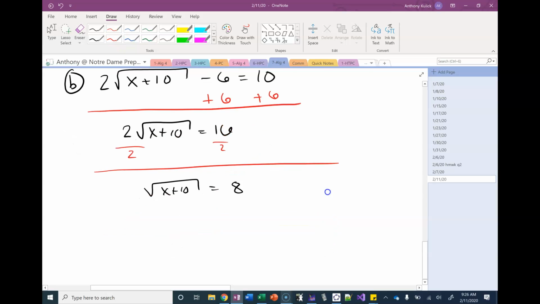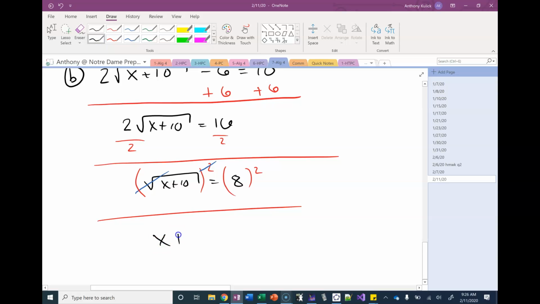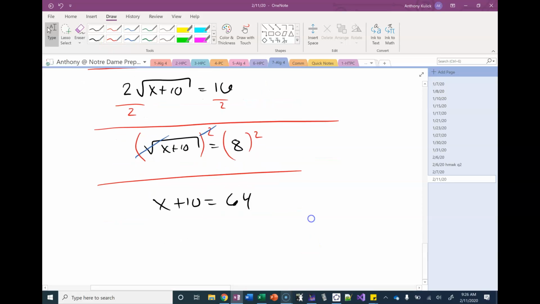The next thing would be to square both sides to cancel the radical. And then lastly, we would subtract 10 and get that x is equal to 54.